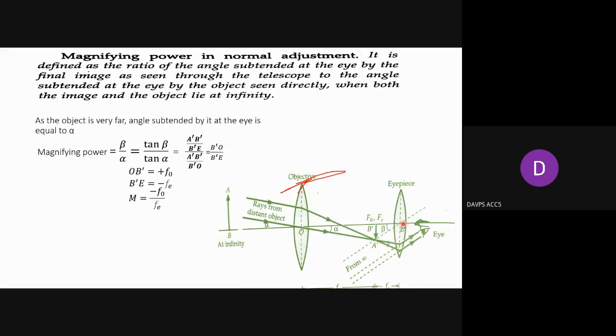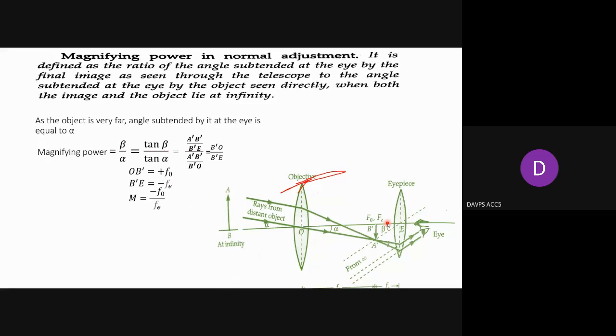The eye lens will be adjusted in such a way that this image, acting as the object for the eyepiece, will be falling on the principal focus of the eye lens. The focus of the eye lens is right here, and A dash B dash has to stay on it. We know that when the object is at the focus, the image is at infinity. So the person will be finding the image at infinity. The object was already at infinity, and the final image is also at infinity. This is the case of the relaxed eye.